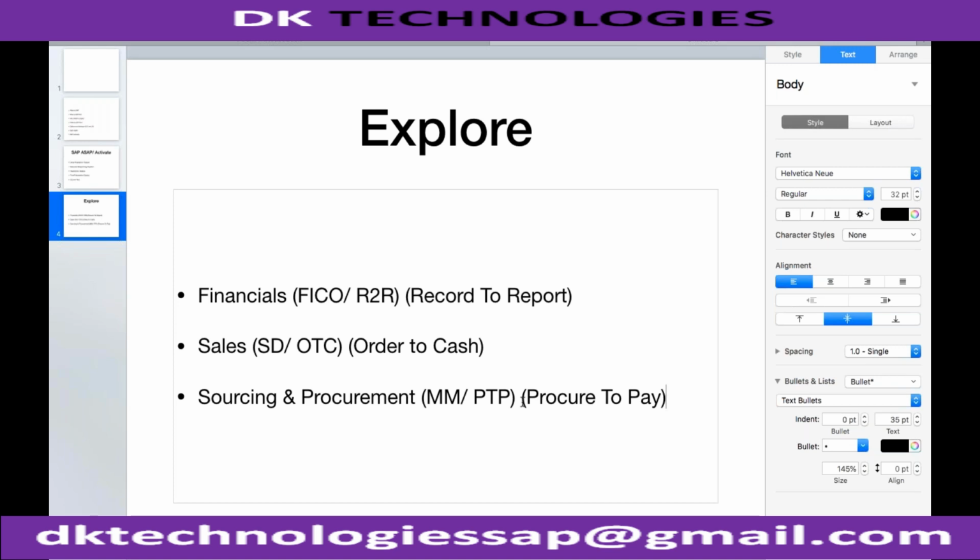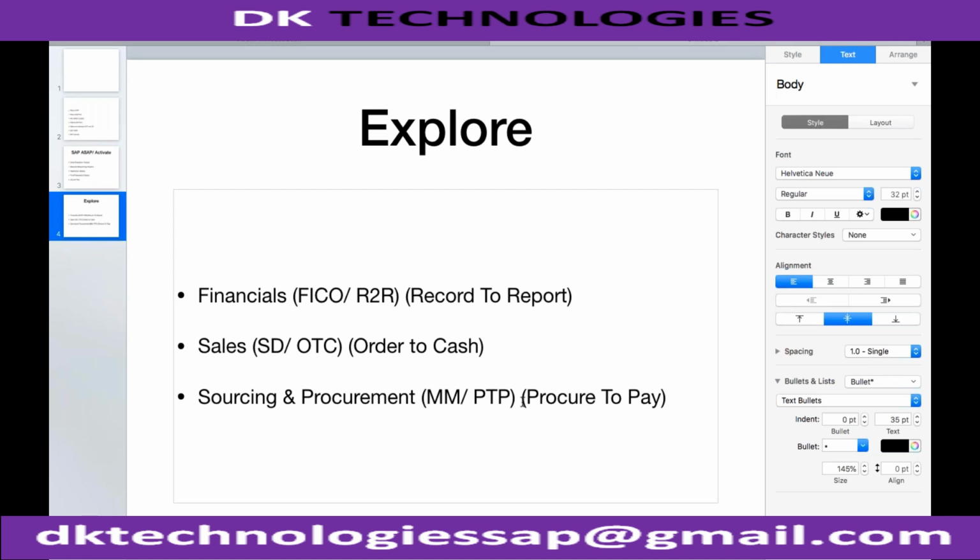And similarly for sourcing and procurement, I think the purchase order cycle, PO and requisitions, is in MM, but accounts payable is in FICO. So do you think order to cash equals SD, P2P equals MM? Is it the right comparison?